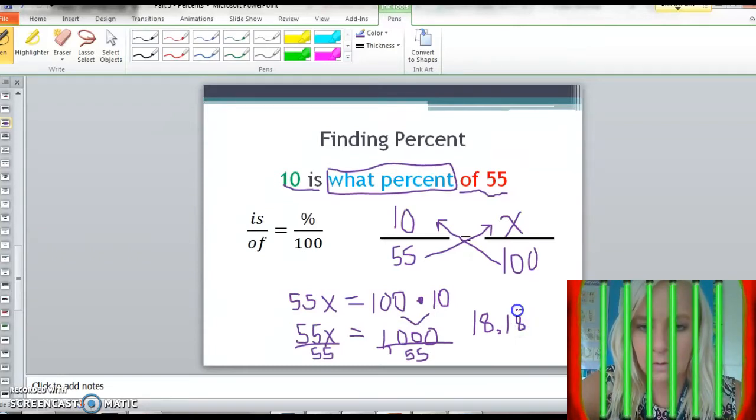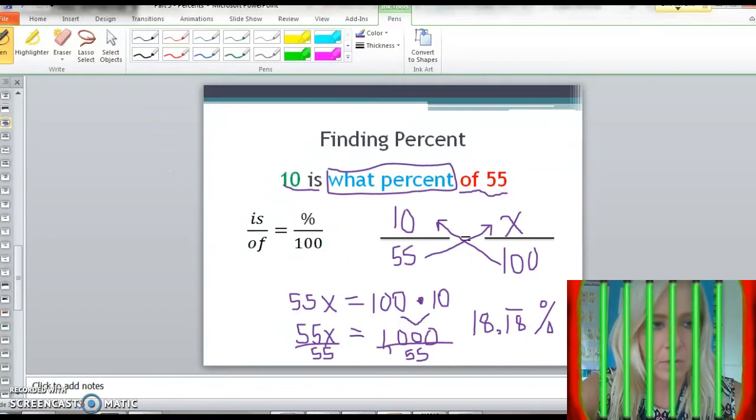So I'm going to use the line over top to represent that it's repeating. Now, one very important thing here is I'm finding what percent. So this represents the percent, so it's important that you include your percent symbol.